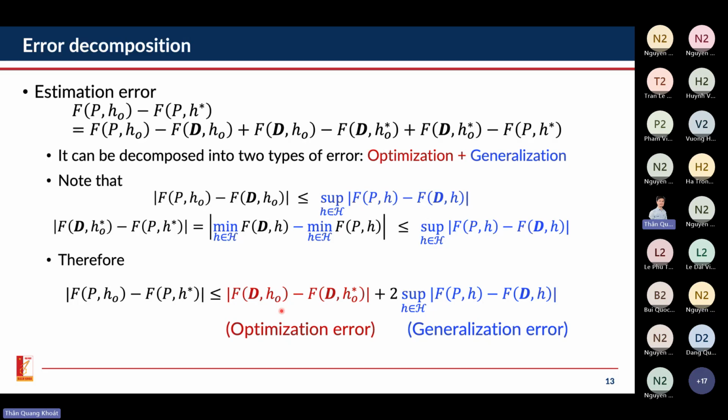And these quantities represent the quality of the training process, the optimization process, right? In practice, we may use some optimization algorithm to train the model, right? So this quantity should represent that. Okay, so that's why we call this the optimization error. And the last term, sometimes we call that generalization error, because here it measures the difference between expected error and empirical error, right?